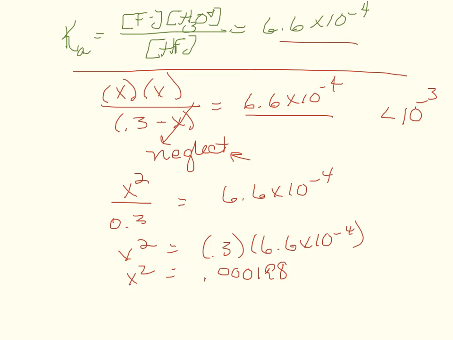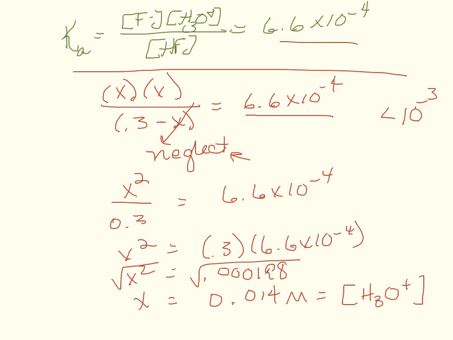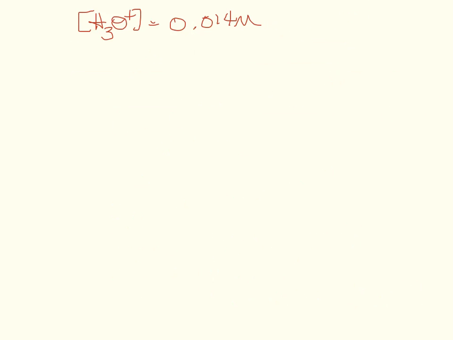And the square root of that is, take the square root of both sides, 0.014. And what do we set X equal to? That is the concentration of hydronium ion. Okay. The problem asks us for pH though, so now we have to find the pH of this. So pH is minus log of the concentration of hydronium ion.